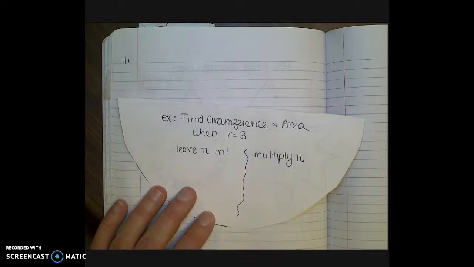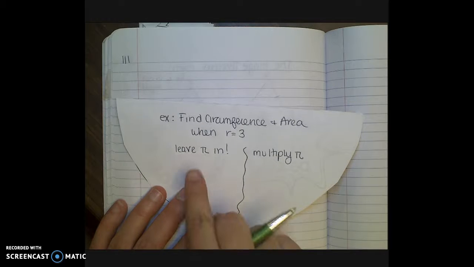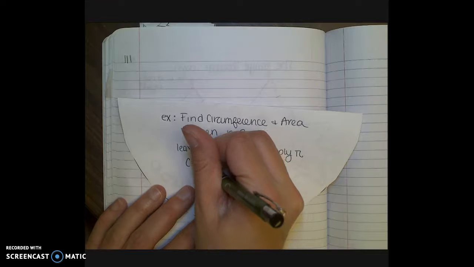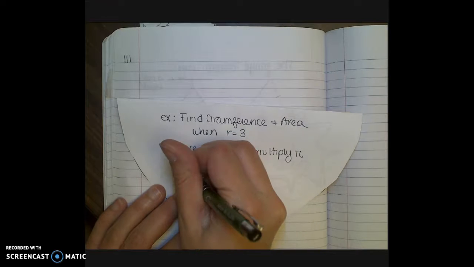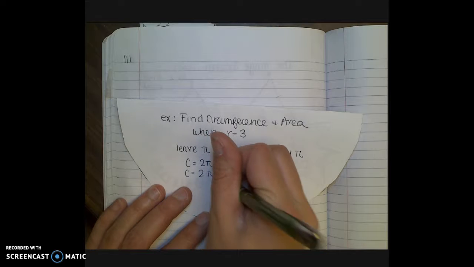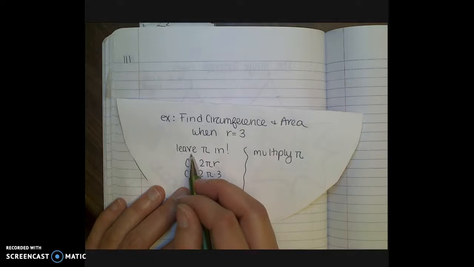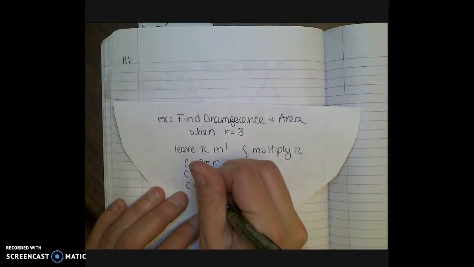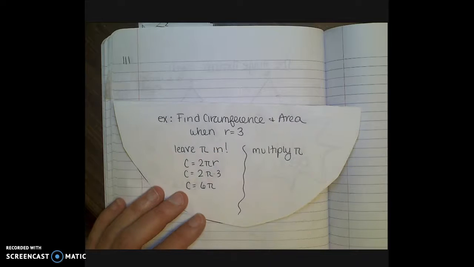Remember, this is pi, and pi is really 3.14-ish, but our calculator will do it for us at a better rate. So if I want to leave pi in to find circumference, we're going to do circumference equals 2 pi r, where now I know that r is 3, so 2 pi times 3. And if I'm going to leave pi in, I'm just going to kind of ignore it and say that the circumference is 6 pi, because I just multiplied the 2 and 3.